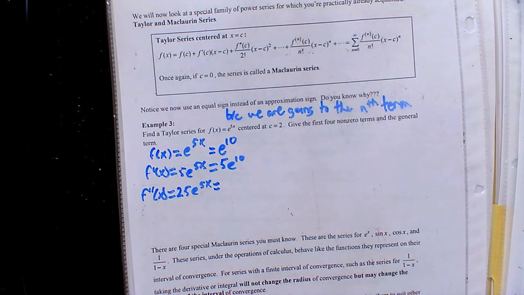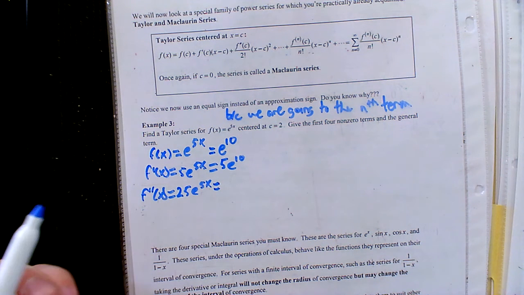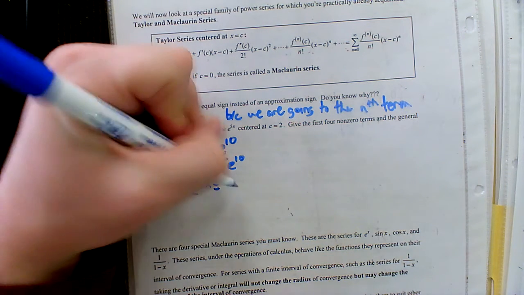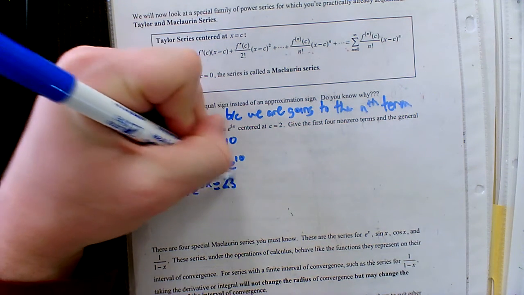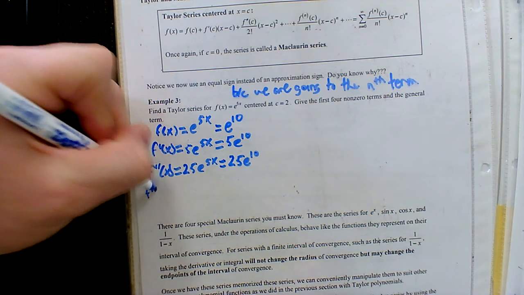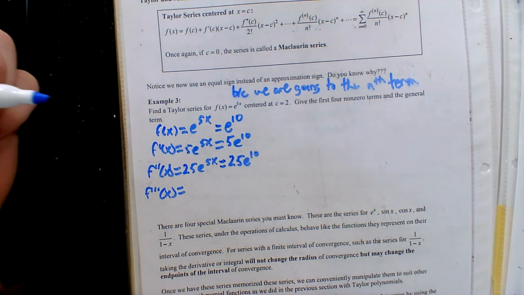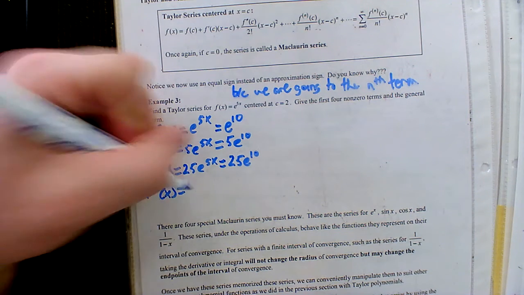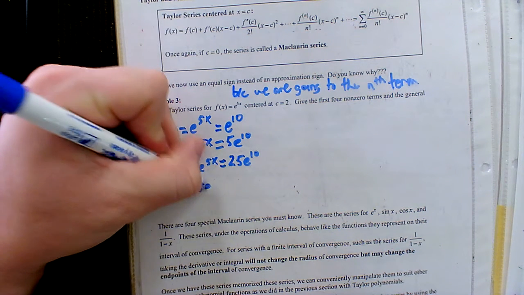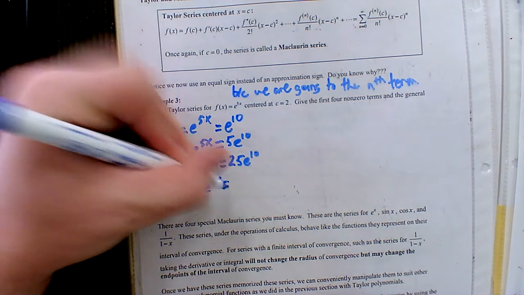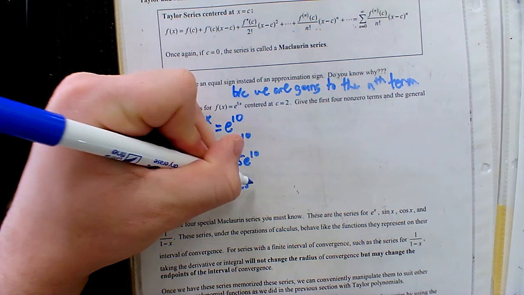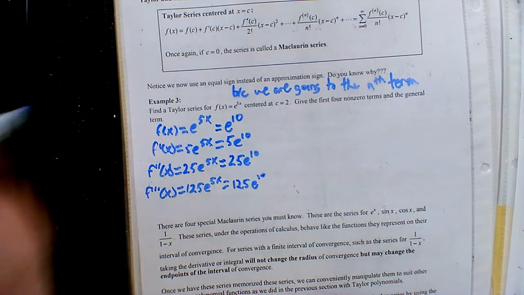And if you don't, we'll talk about it, because that pattern will come about in the final answer too. Okay, then we get 25e to the 10th. Third derivative. What do you get for the third derivative? 125e to the 5x. So that equals 125e to the 10th.